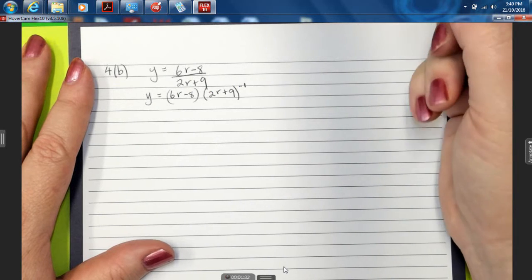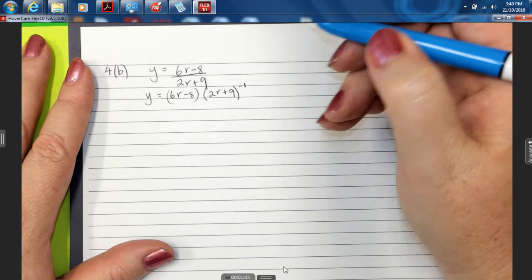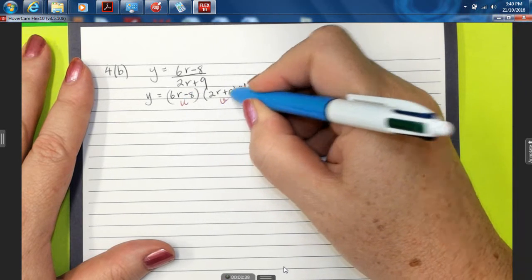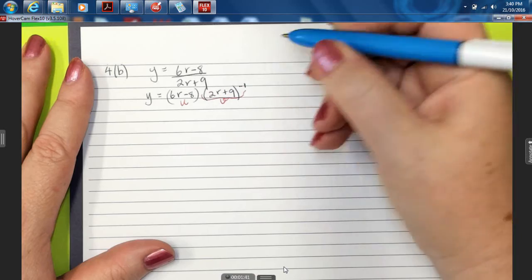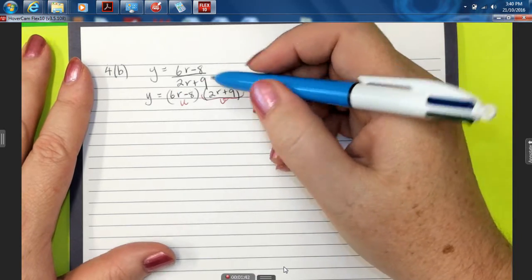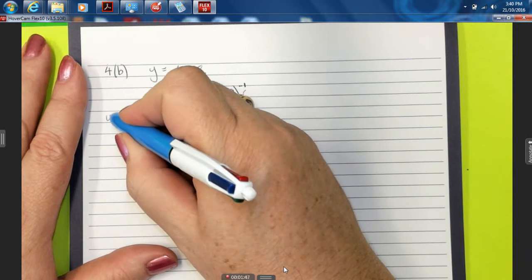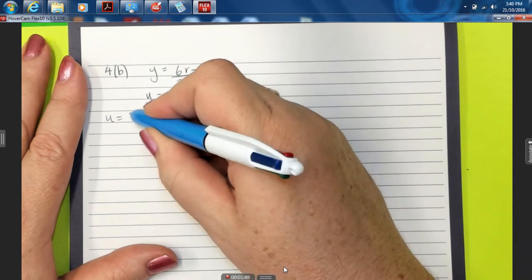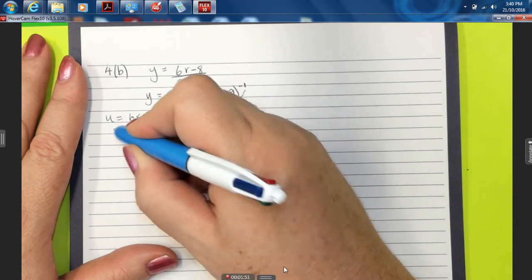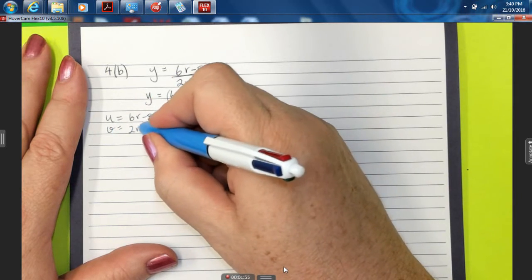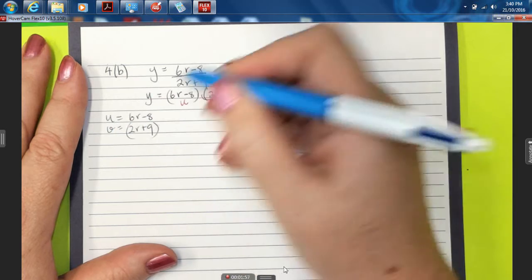Because it is a product, we need to identify the two parts, the two factors of the product. We're going to identify them as u and v, where v is the entire part including the power. And we're going to write those parts down here. So u is 6r minus 8, and v is 2r plus 9 to the negative 1.